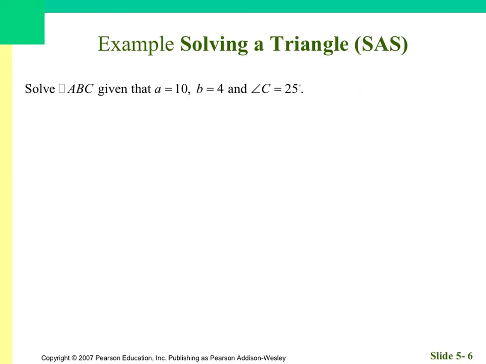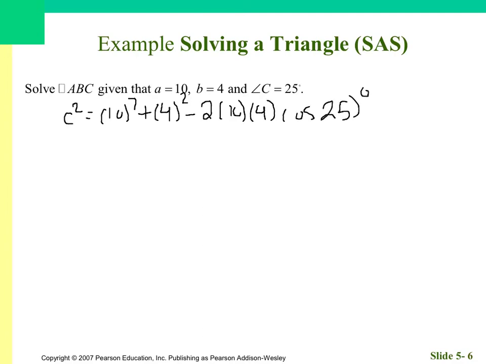Given triangle ABC, given that a equals 10, b equals 4, and the angle C equals 25. See how it was angle C? That means we're doing c squared equals a squared plus b squared minus 2ab cosine C. We know a and b, so 10 squared plus 4 squared minus 2 times 10 times 4 times the cosine of 25 degrees.